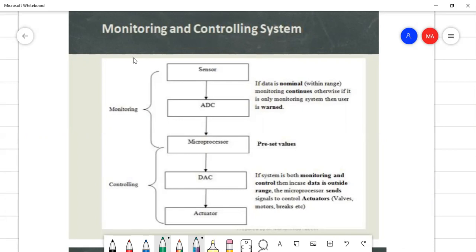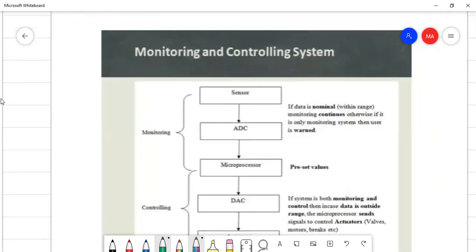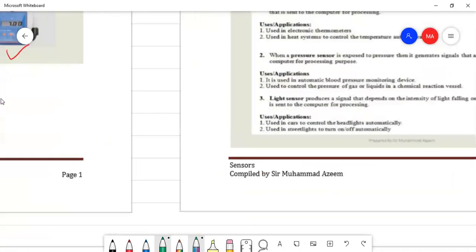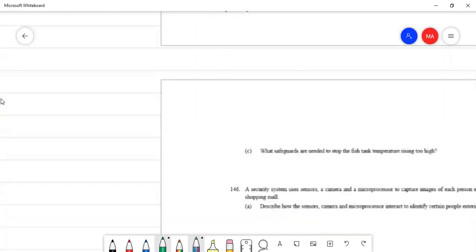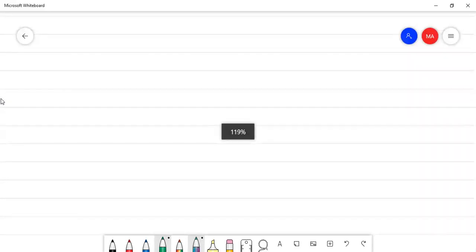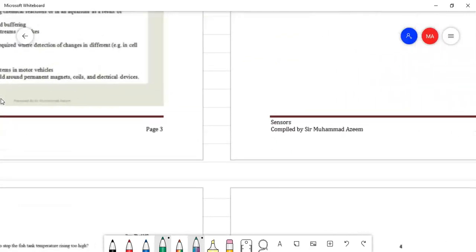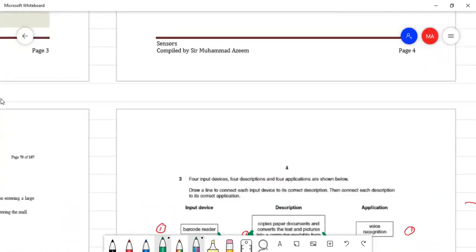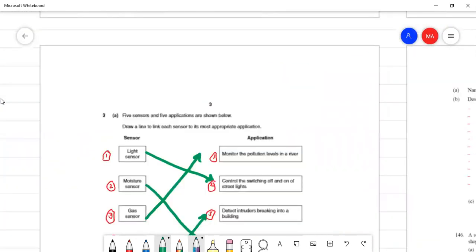Now let's see how we can implement this diagram into our description. Yes, this one.